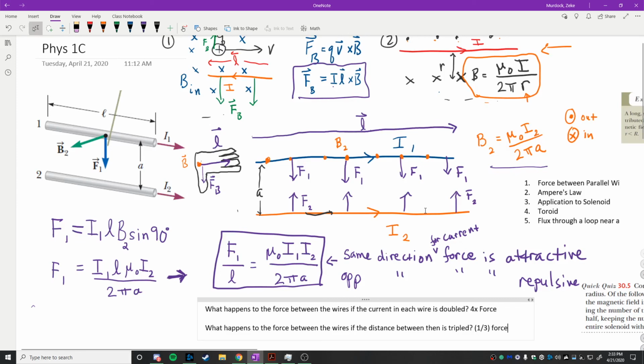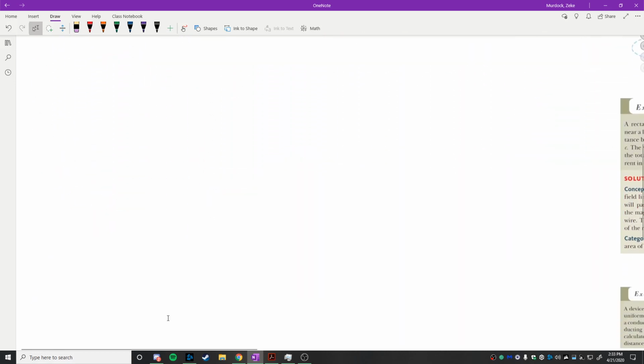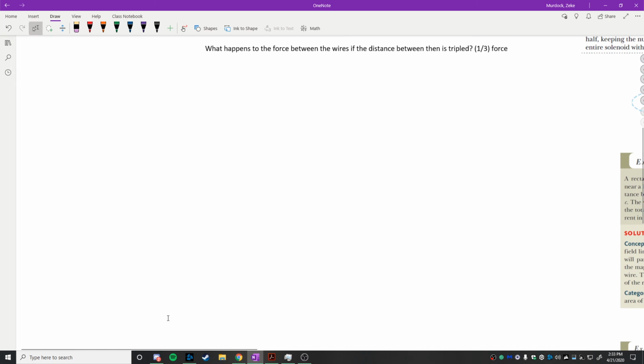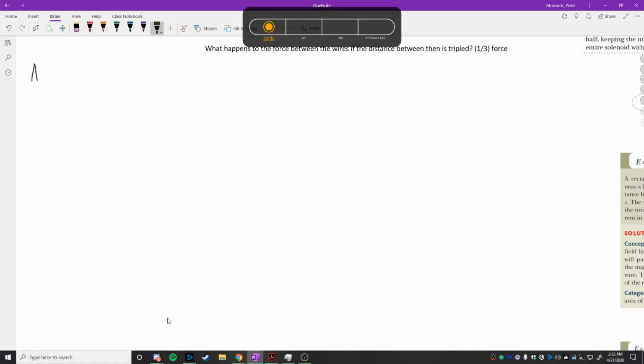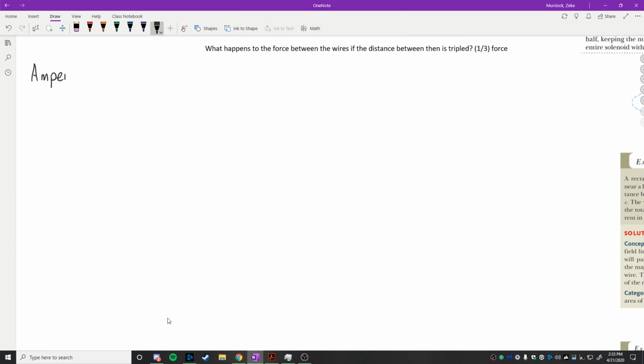A little bit of theory. The next thing we're going to do now is talk about Ampere's law. This will be a little bit of theory, and then we'll go from there. A couple weeks ago we learned about something called the Biot-Savart law.